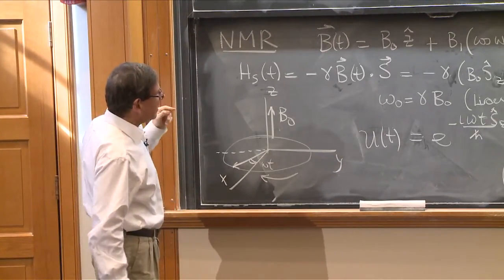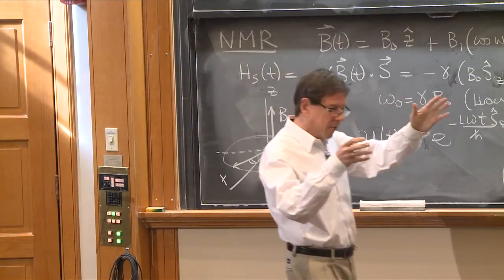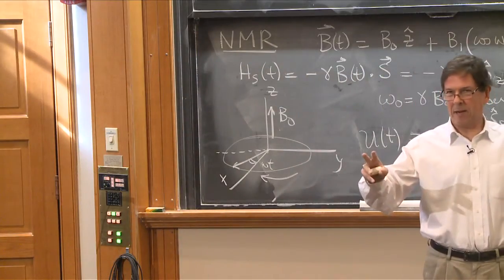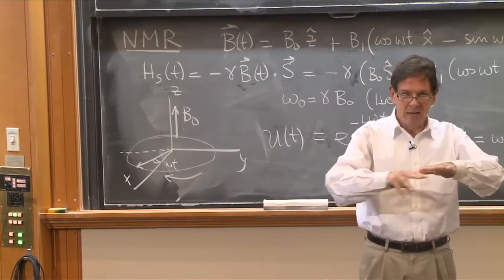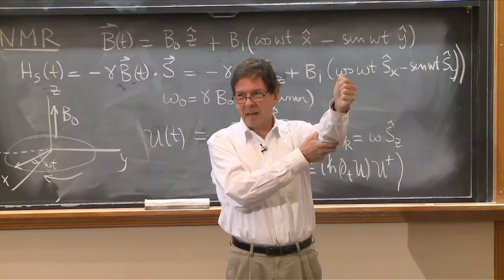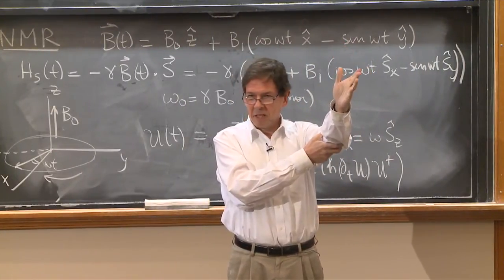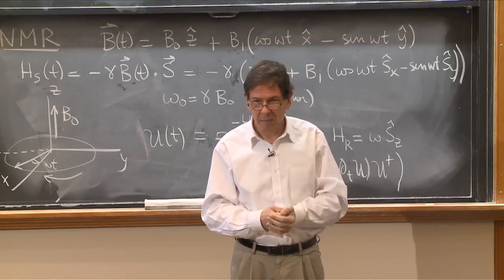So what we said last time is that we would imagine that you have an original system and no magnetic field, nothing whatsoever. So forget about all that. No magnetic field. You put a spin state, it stays there forever. It doesn't precess, because there's no magnetic field.